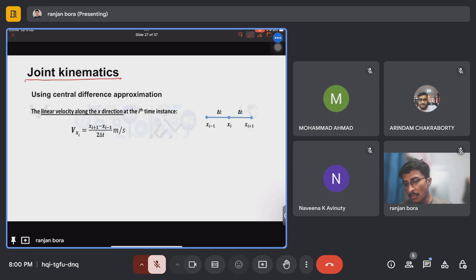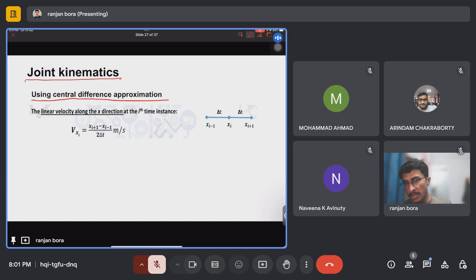So there are various methods using which someone can calculate the different parameters. Like there is forward difference and central difference.